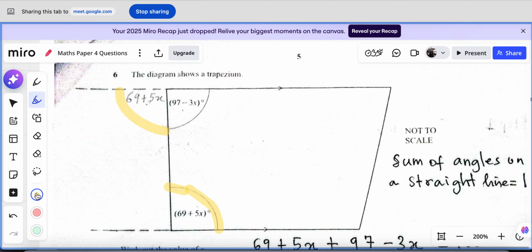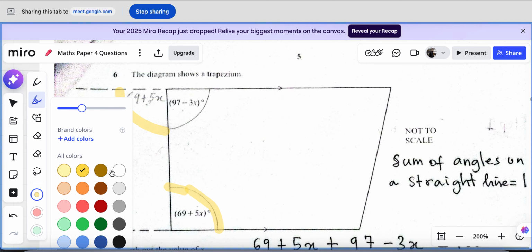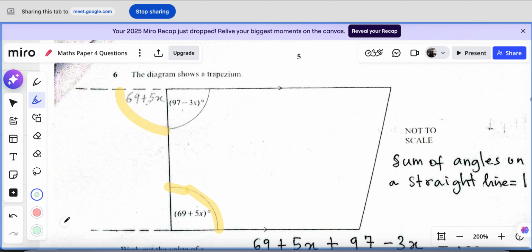In that case, we change the color to remove confusion. This one inside here is alternate to the one outside here, alternate angle. You know alternate angles are equal. So I can as well write here 97 minus 3x, the value here.